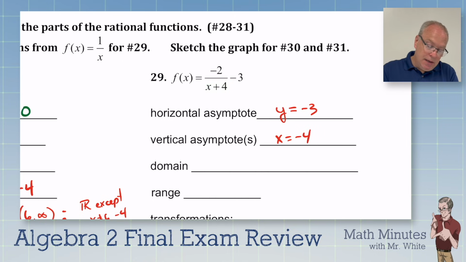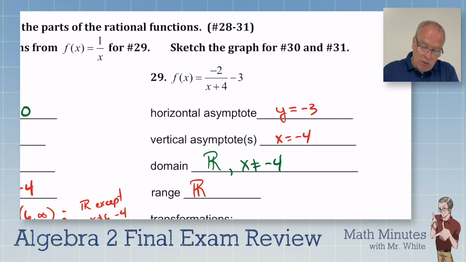I know that because there's a left-right shift here sort of going on, but that's okay. Don't worry about that. Just understand that x is not allowed to be negative 4, so there's going to be a vertical asymptote here.